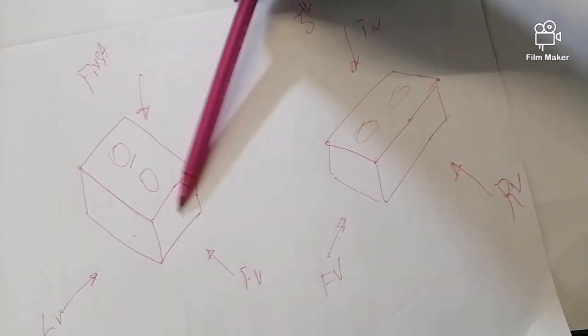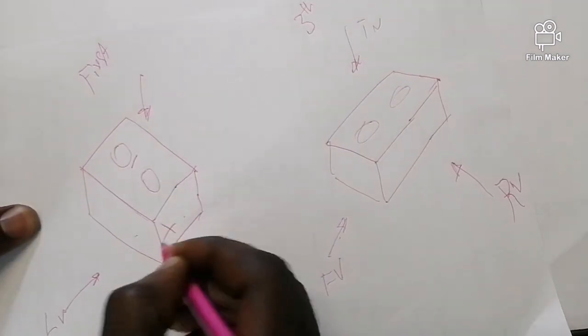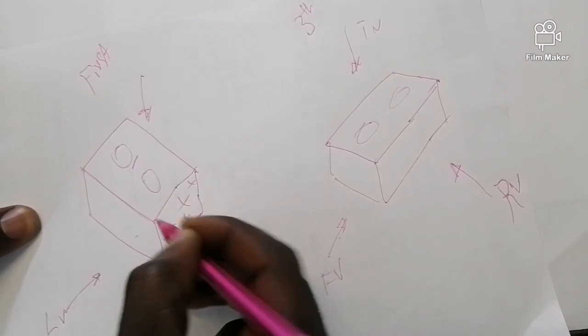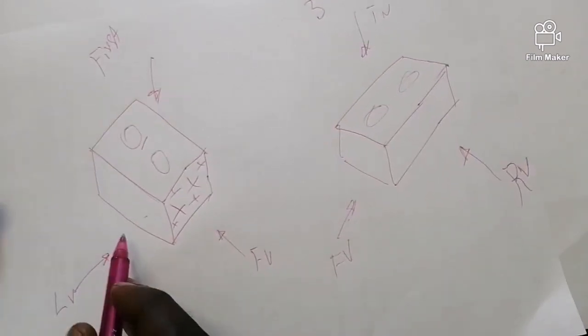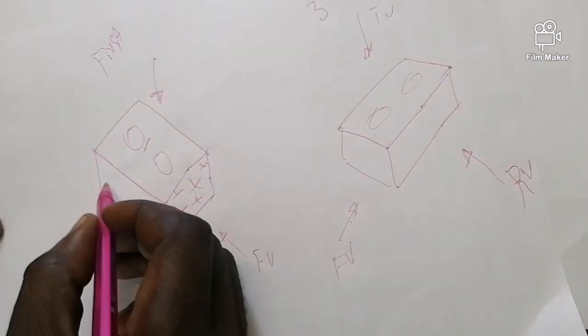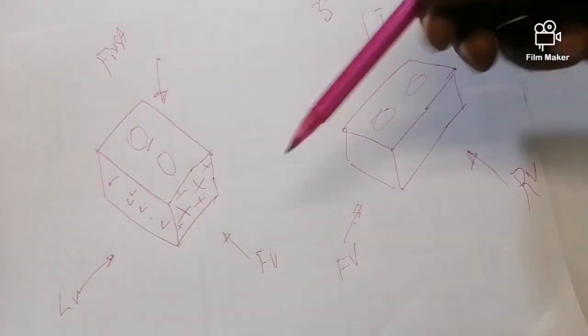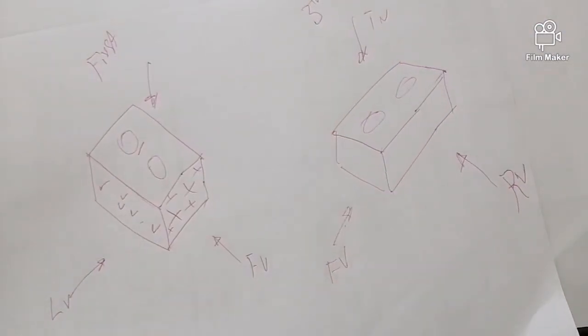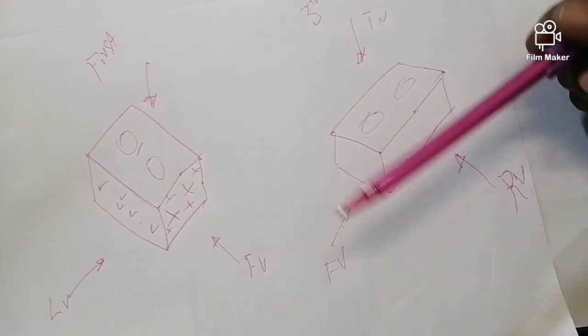So if my front is this side, if maybe you were asked to shade the front view, you are going to shade or mark here. This is what you're going to see. And then your left view according to first angle orthographic projection is here. So now according to third angle orthographic projection, your front view is now on your left hand side.